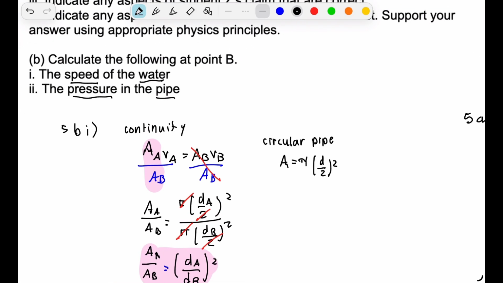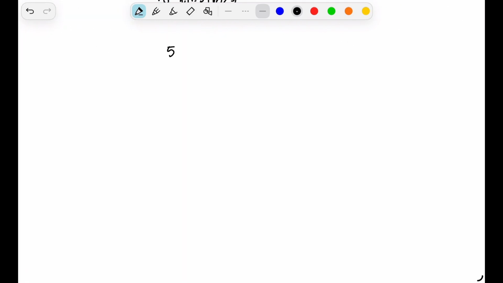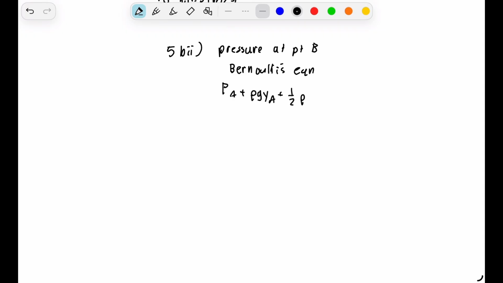Now we're asked to find the pressure in the pipe. So that's going to be 5B2. And to find the pressure at point B, we're going to use Bernoulli's full equation. Bernoulli's equation states that pressure A plus rho G YA plus 1/2 rho VA squared is equal to pressure at point B plus rho G YB plus 1/2 rho VB squared.